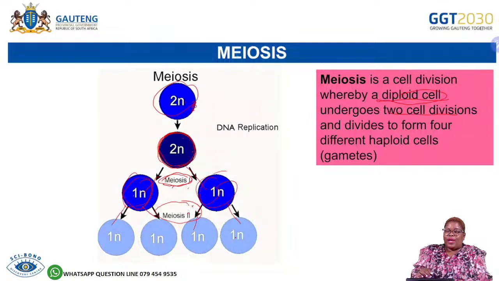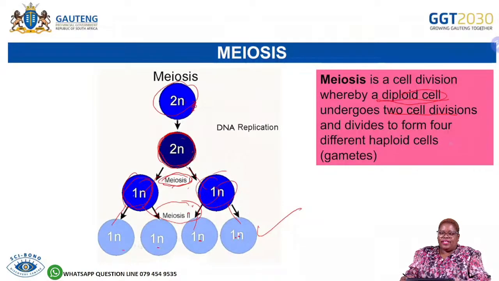At the end of meiosis, we are going to have the formation of 4 haploid cells. Hence, we are saying it undergoes 2 cell divisions and divides to form 4 different haploid cells. So what is important?